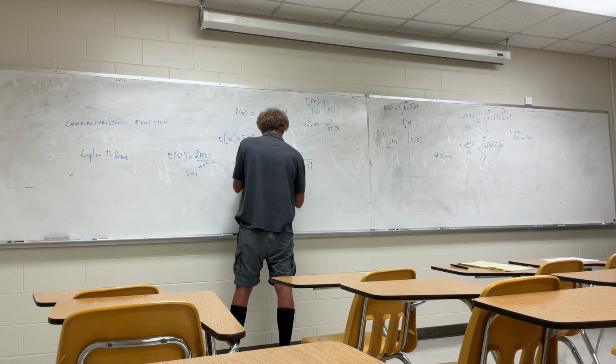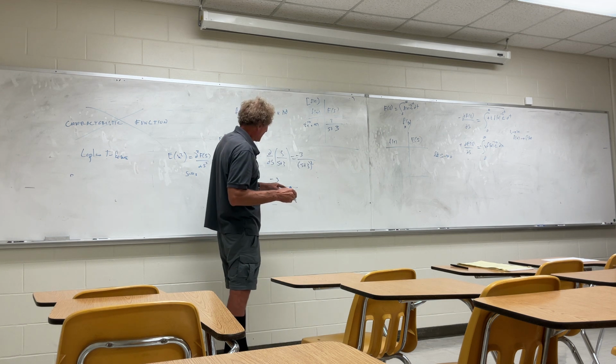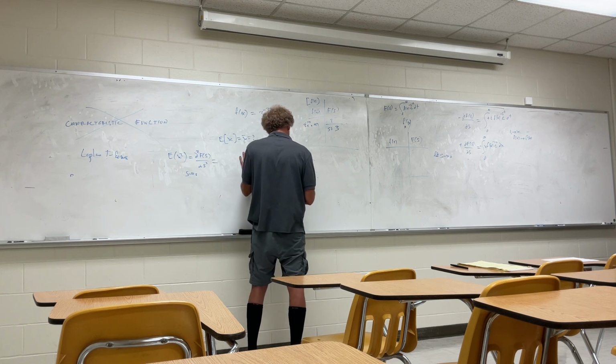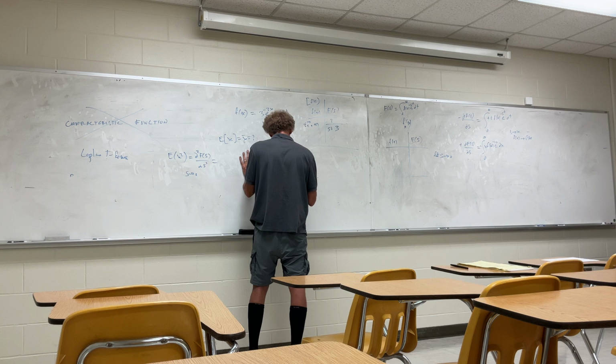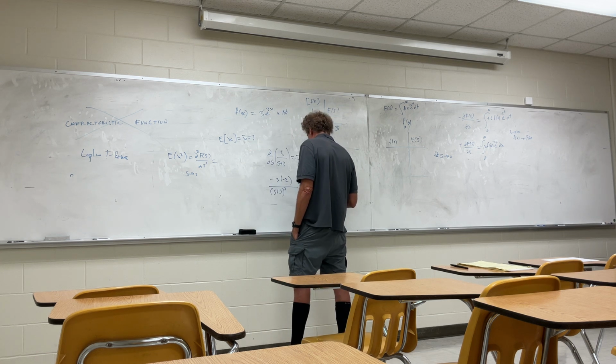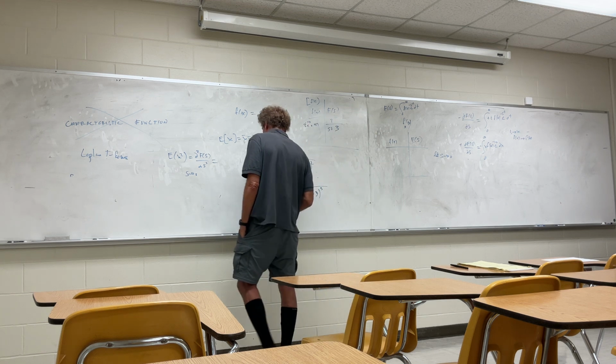I get minus 3, and it's going to be over s plus 3 cubed, right? And then I still have to take a derivative of that. You all with me? So I'm going to have minus 2 coming out in front. So that's going to be 6 over s plus 3 cubed. And then I have to let s go to 0.